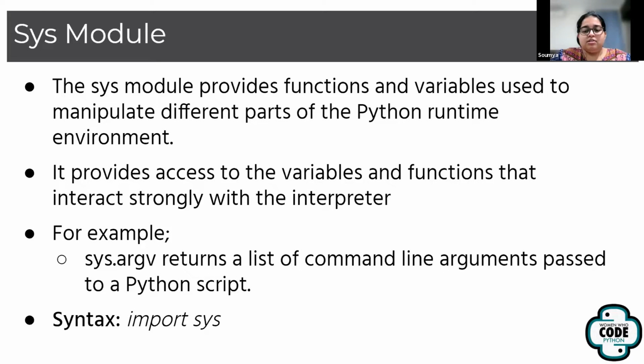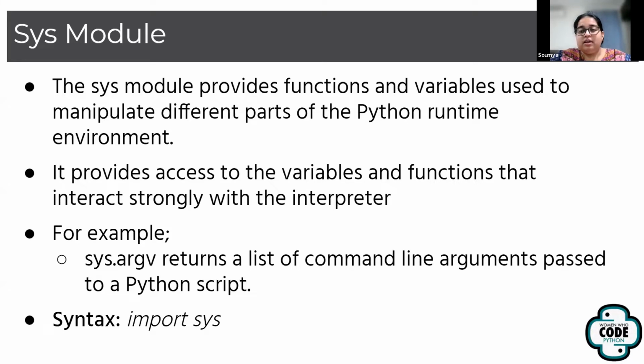So, for example, one of the variables that the Sys module gives is sys.argv. If you're familiar with other programming languages like C, we have an argument vector where we can get the name of the program that we're running and the command line arguments.